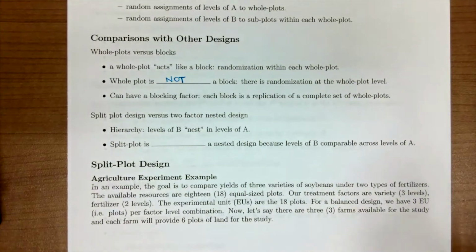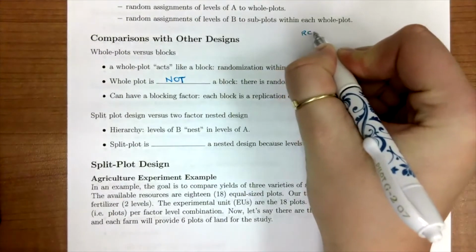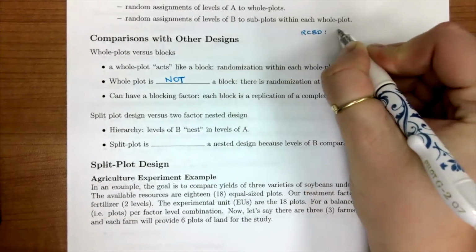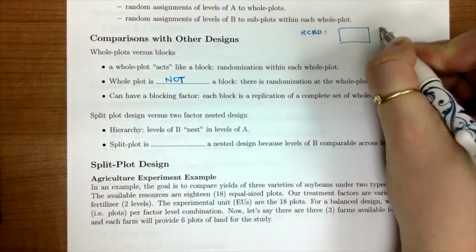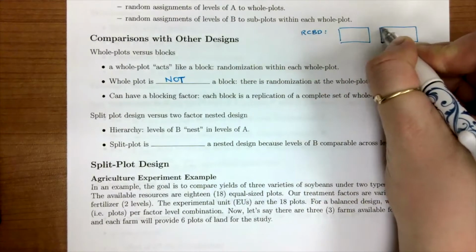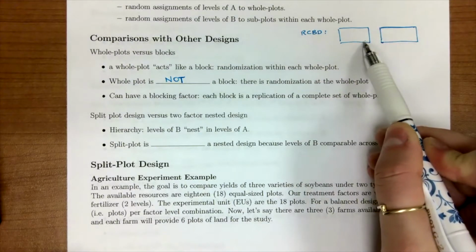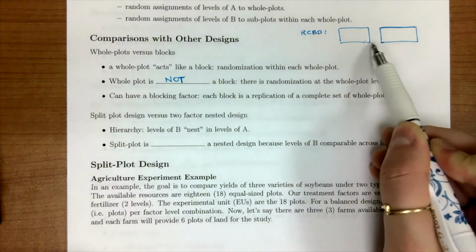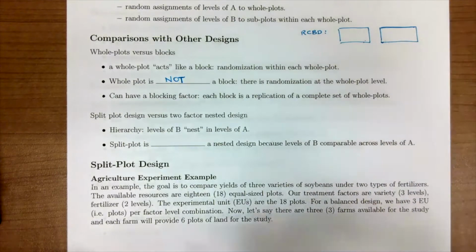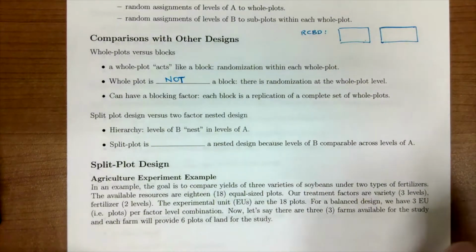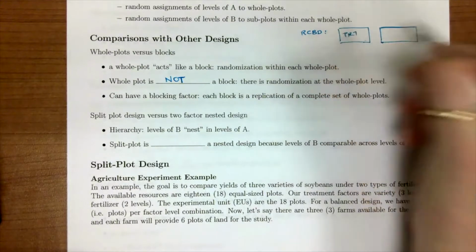What I mean by that is if we took our RCBD design, in an RCB design, we had a block, maybe two blocks, which were not a treatment. They were implemented due to some source of variability. We were trying to block for an extra source of variability, and we apply our treatments.